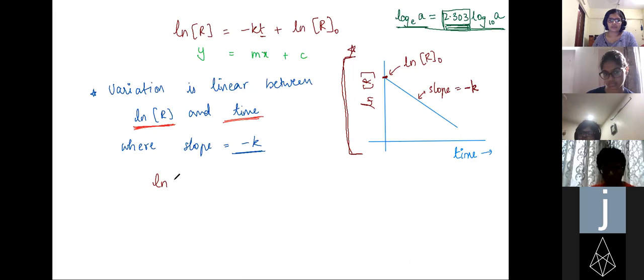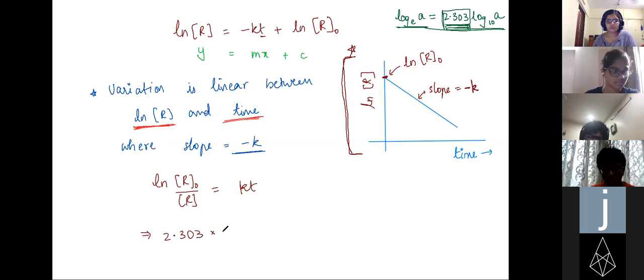So I can write it as ln R naught upon R equal to KT, right? Which means that 2.303 into log R naught upon R will be equal to KT.